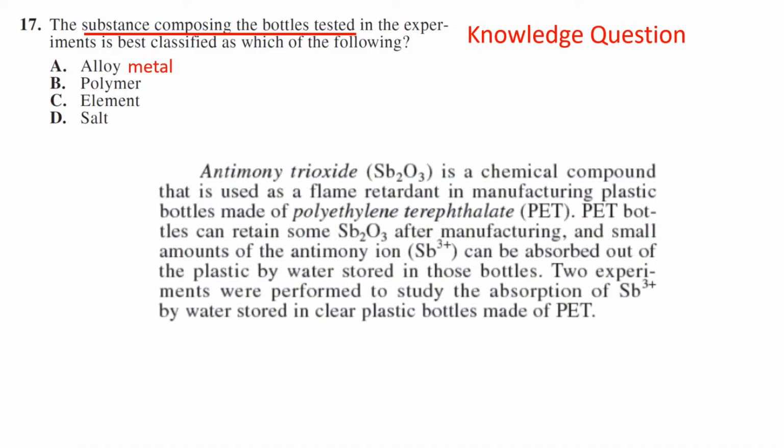Well, this is not metal, it's plastic. It's not an element because an element is a unique substance. And salt is NaCl. That's not the chemical formula given here, the chemical compound. So a process of elimination, you might also get it down to B. You're going to have 1 to 4 questions on the test that require some sort of science knowledge to answer them, and this is one of them.